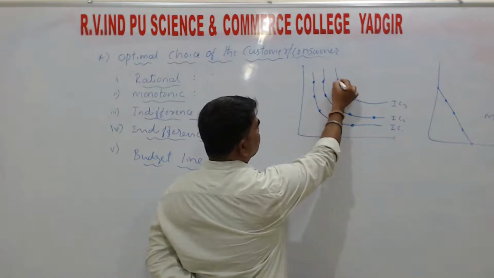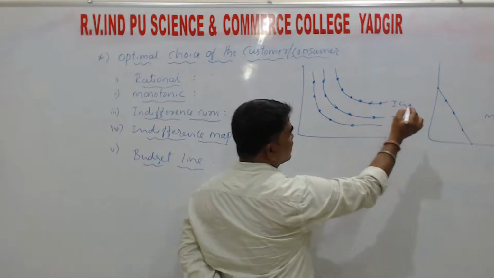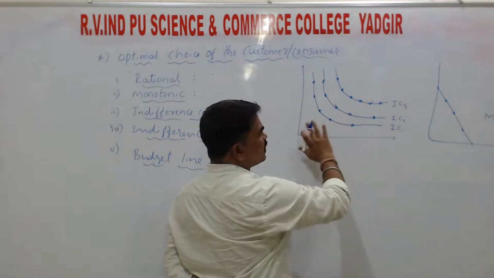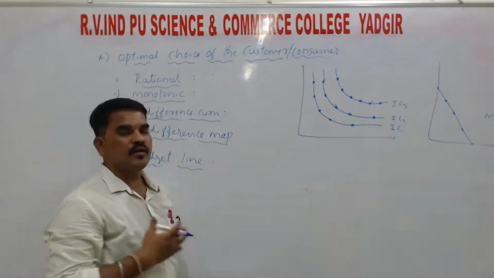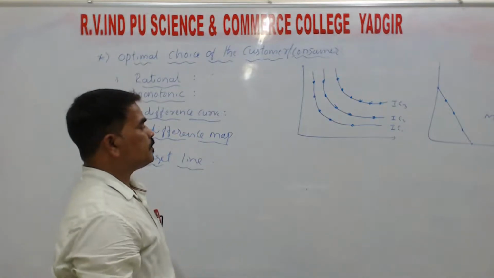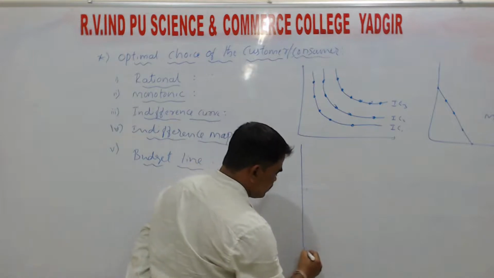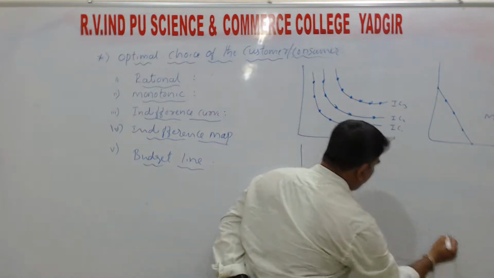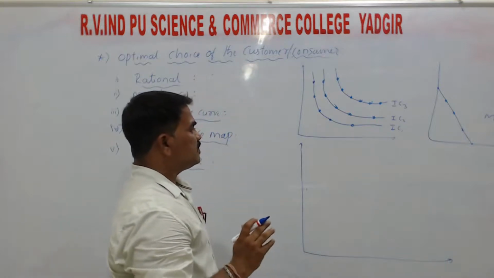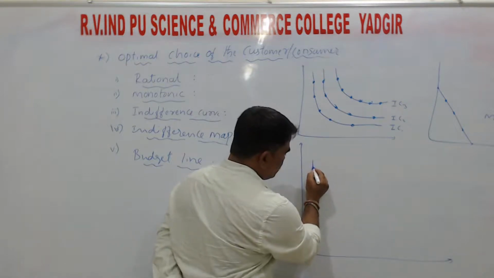So when this is the scenario, the problem of the consumer is, here we have bundles, here we have bundles, we have so many bundles. Which one gives me maximum utilization? Which one do I need to select here? The economist says this. The optimum selection of a consumer is this one.